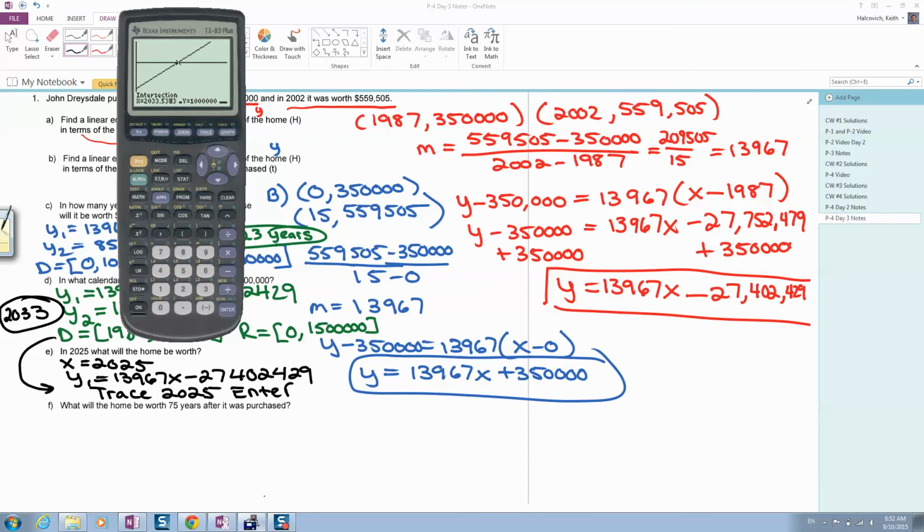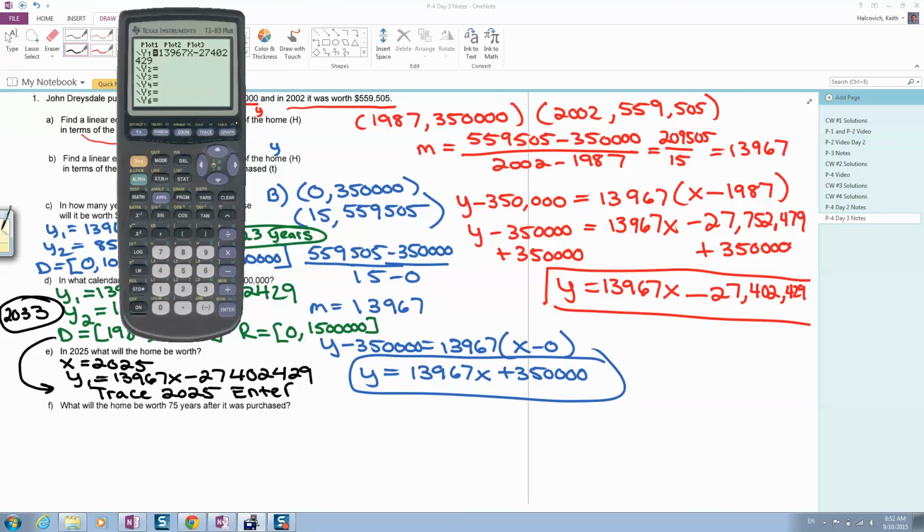So let's go do that. So what we have to do is clear the y sub 2, because we're not trying to find that. We're trying to find the x value, or actually that's what we're trying to find, is the y value.